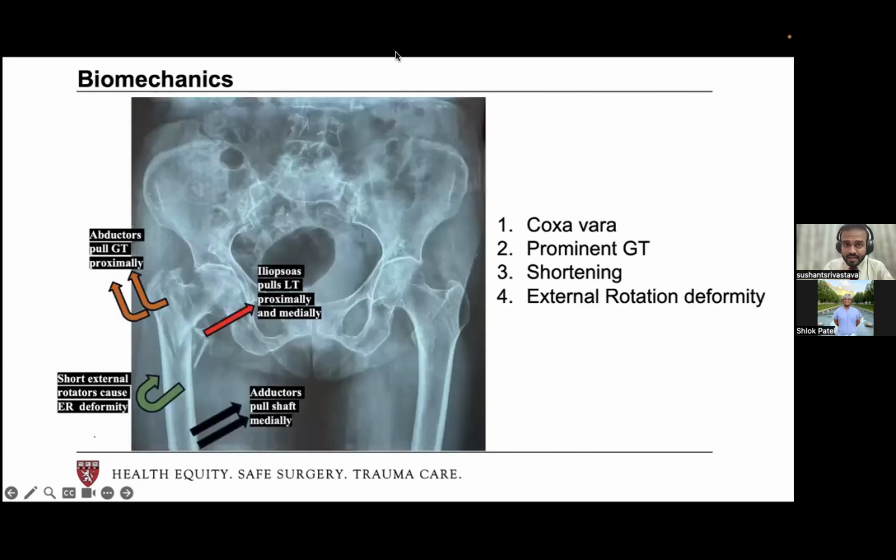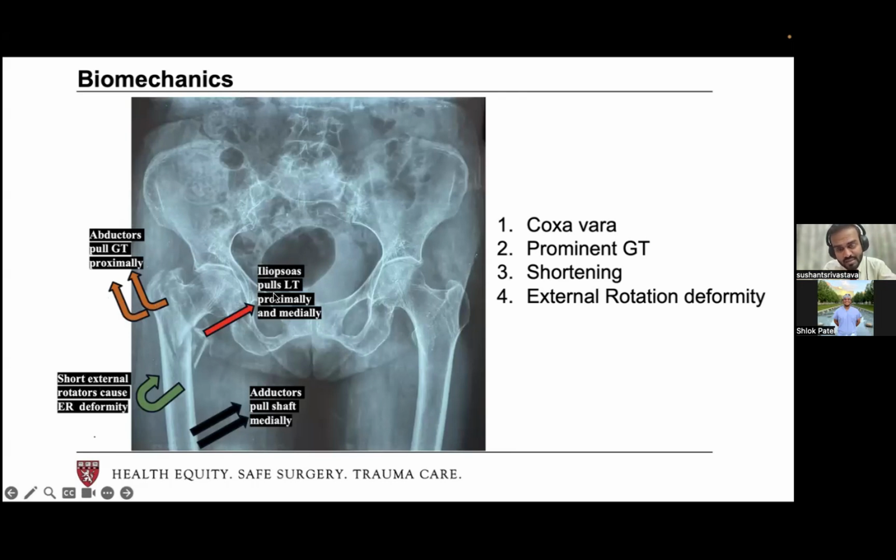Now, the biomechanics. Before we go ahead to any complication, you need to understand the biomechanics, or the problems which are happening in an intertrochanteric fracture. Whenever an intertrochanteric fracture occurs, first the abductors pull the GT proximally, which can be seen here with the orange arrow.